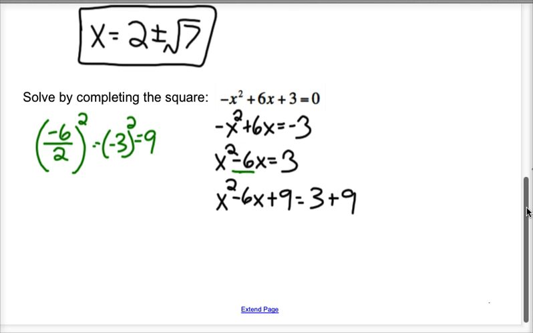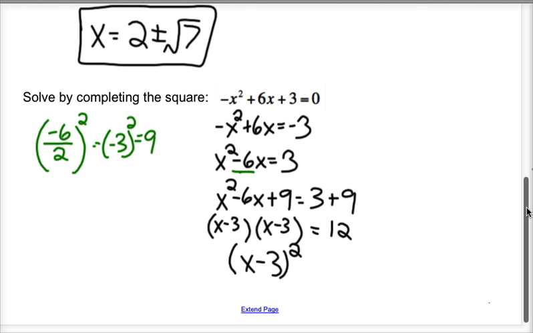And hopefully you can see, how does this factor? Well, the two things that multiply to 9 and add to -6 are -3 and -3. So writing this as a perfect square trinomial, you get x minus 3 squared.